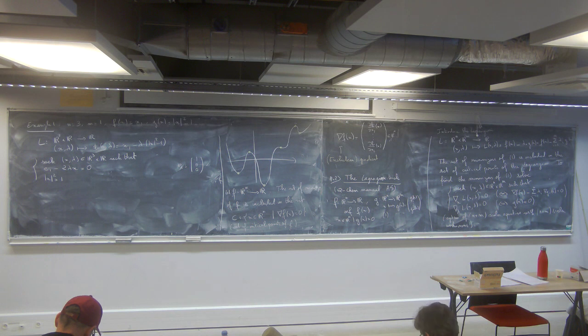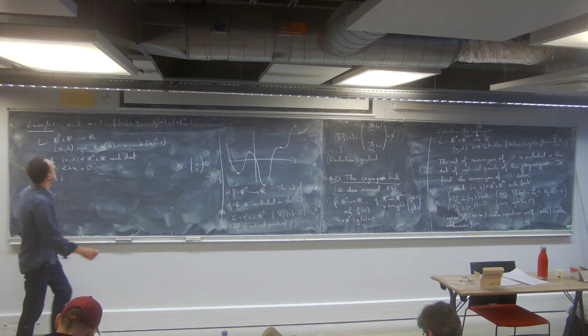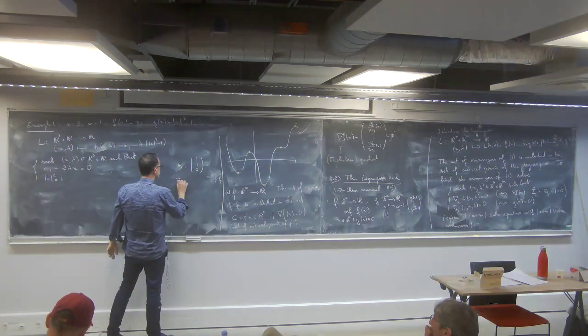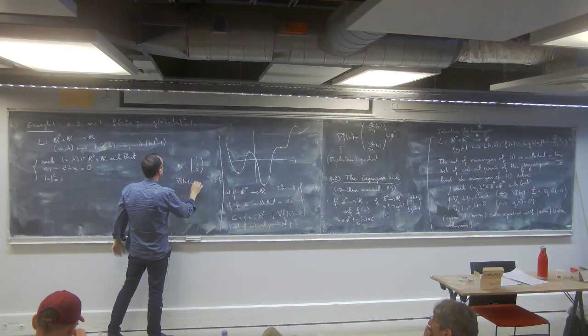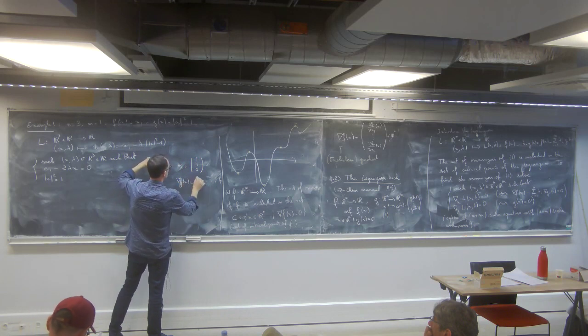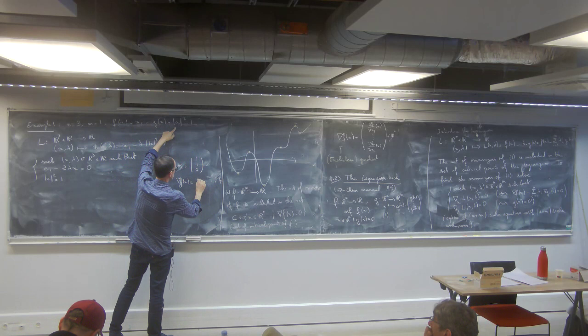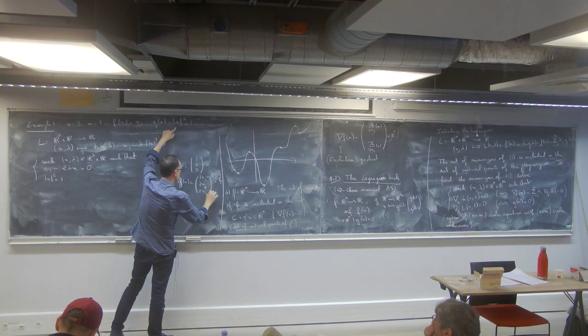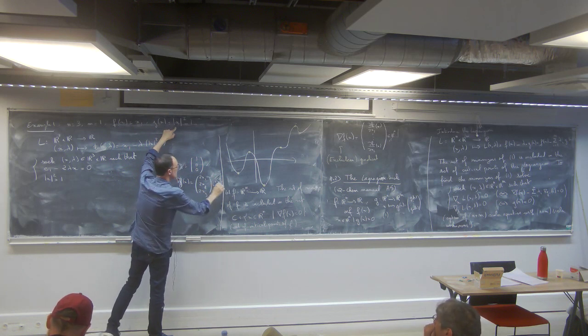Because the gradient of g, sorry, I differentiate that and I find 2x1, 2x2, 2x3, and this is just 2x.